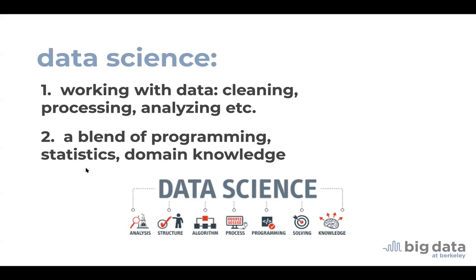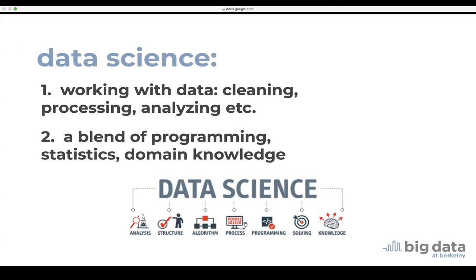It involves programming knowledge, and today we'll be using Python, so you'll get to see some Python code. It involves some statistics knowledge, and it also involves some domain knowledge. So, what is domain knowledge? It's really any field-specific knowledge that could be useful when you're analyzing a data set.